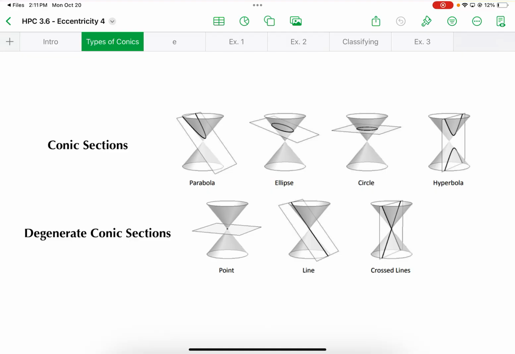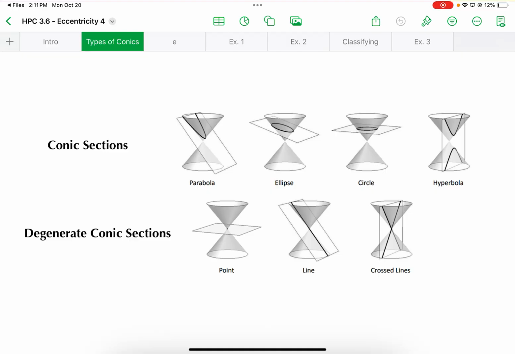Second situation, maybe you angle the plane in such a way that it intersects each half of the cone right on a slant. You would only have one intersection line. And then the third possibility is you could have the plane perpendicular to both bases of the cones.